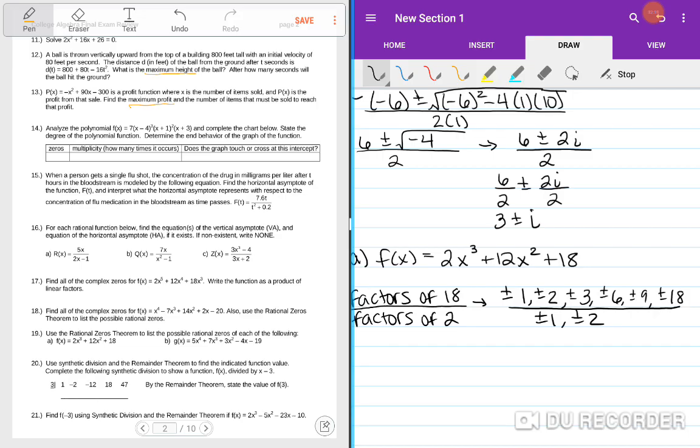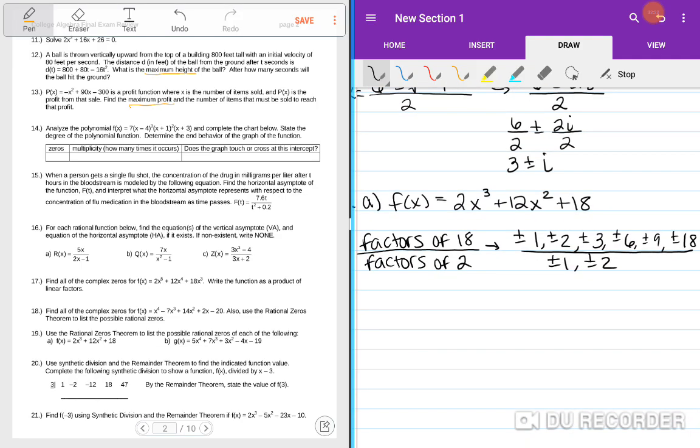What we have to do is take each of the numbers in the numerator divided by each of the numbers in the denominator. So we have plus or minus 1 over 1 and then 1 over 2, plus or minus 1/2. Now I have to take 2 over 1. Now 2 over 2 is equal to 1, so I don't need to write it twice. 3 over 1, 3 over 2, 6 over 1.